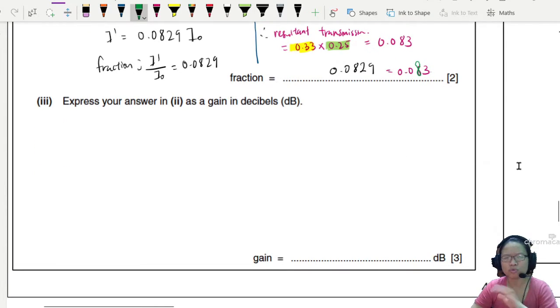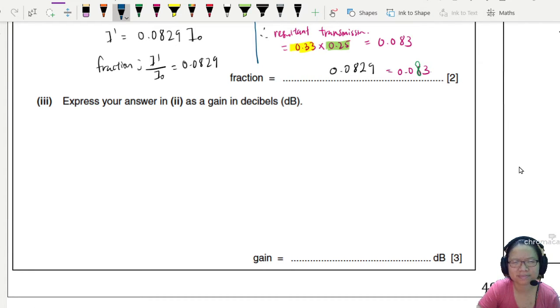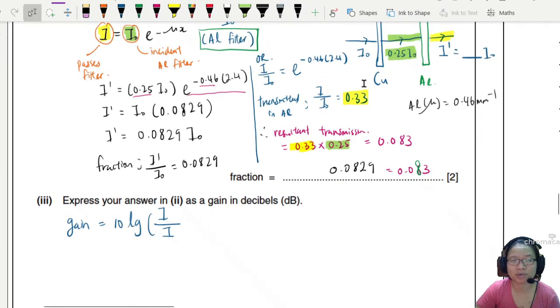Express your answer in gain in decibel. Okay, so decibel, if you remember gain last time when you learned op-amp is the ratio of V out to V in. So gain in decibel is 10 log, the ratio of I over I. So right now, what are you ratioing?